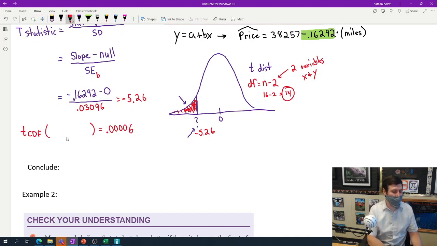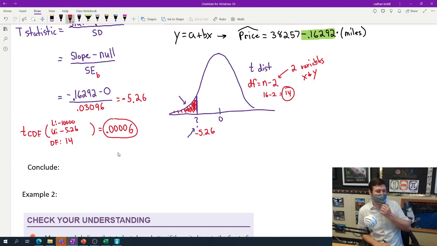There is our p-value. For my tCDF, my lower was like negative 1,000 or 10,000. My upper was negative 5.26, and my degrees of freedom was 14. And there is my p-value right there.